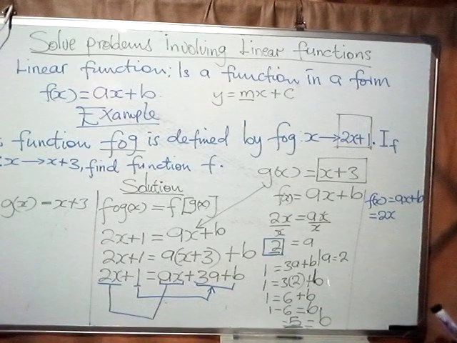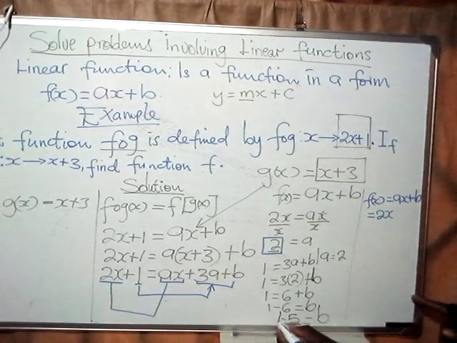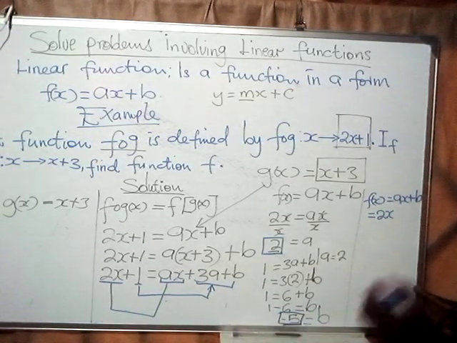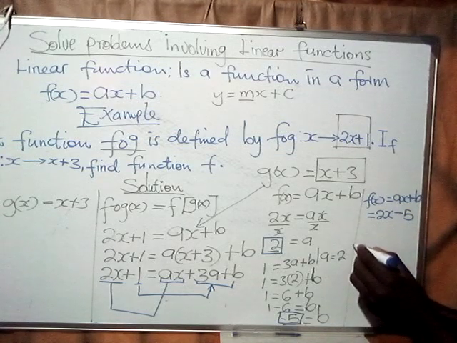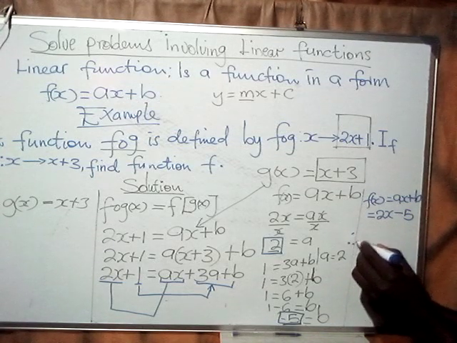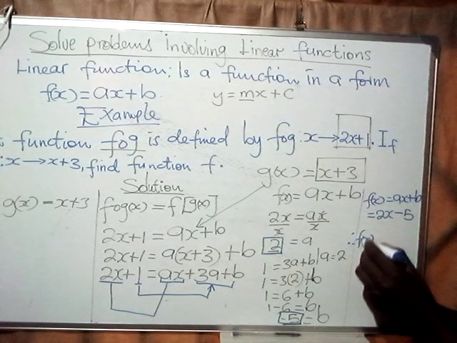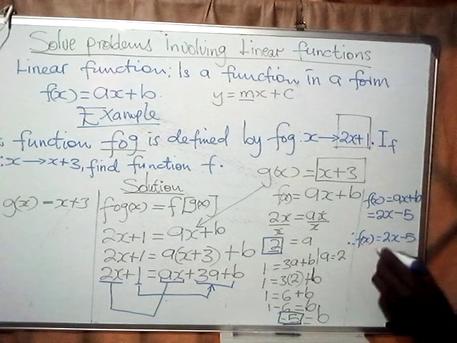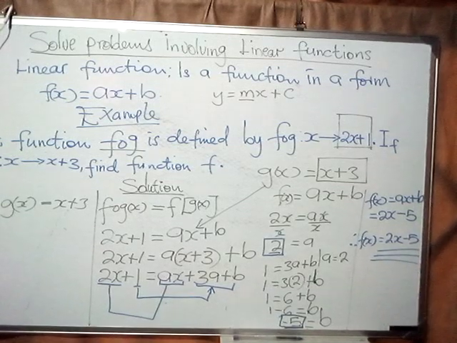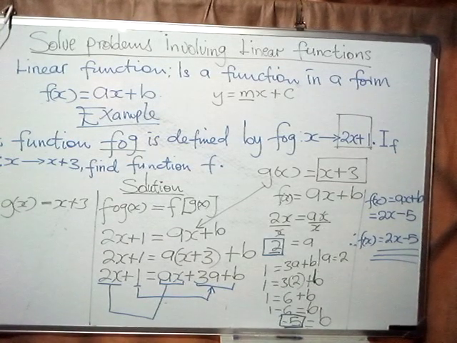And what is our b? Our b we found as -5. So we are going to say -5. Therefore, f of x is equal to 2x minus 5. This marks the end of our question on solving problems involving linear functions.